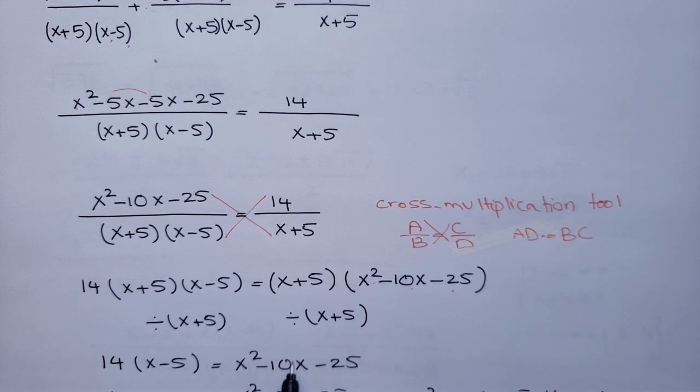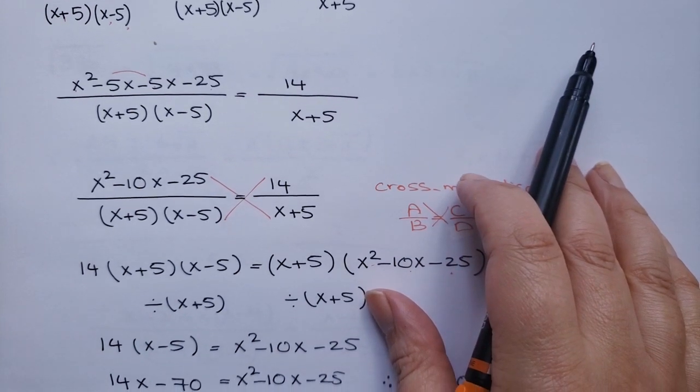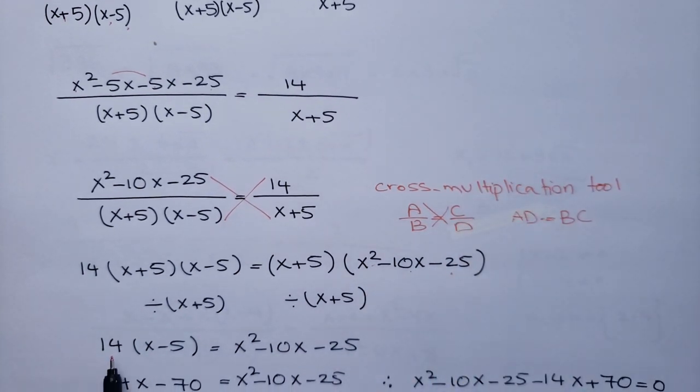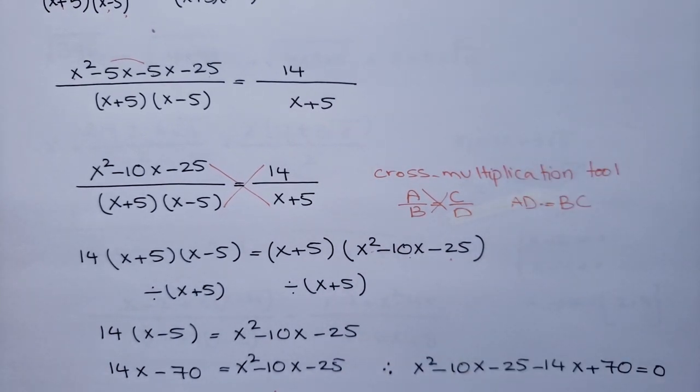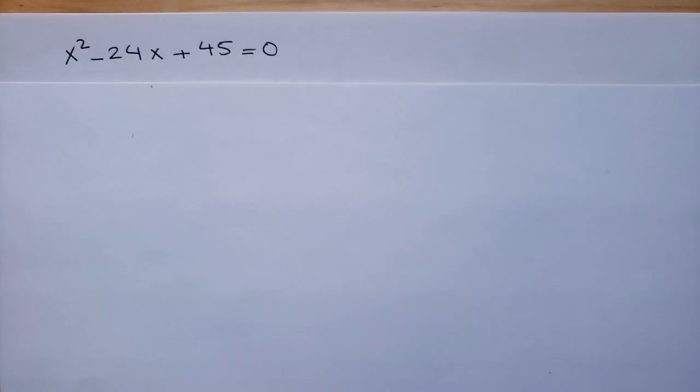As you can see, the biggest power is 2, so it's a quadratic. I have to move everything to one side. So here that would be 14x minus 70 equals this. I move everything to one side and simplify. That's what I did. Now I have one quadratic equation.